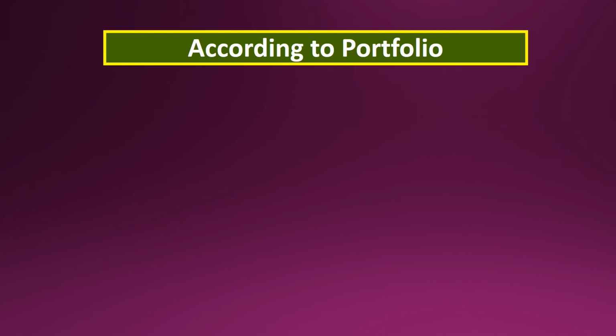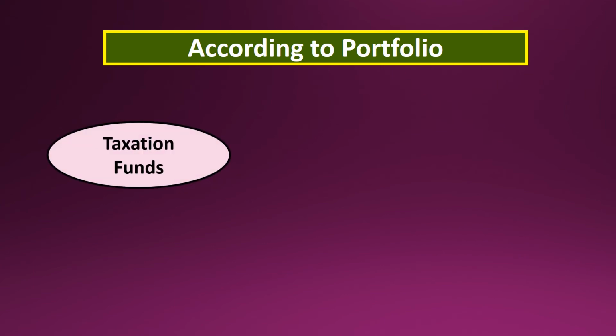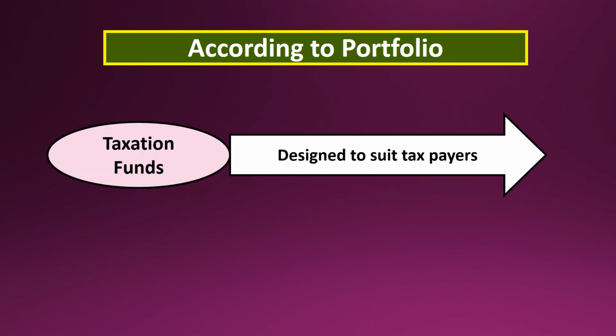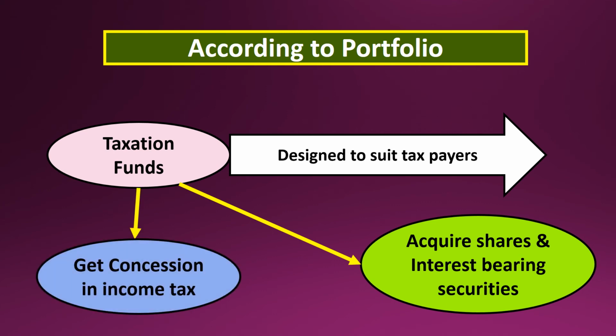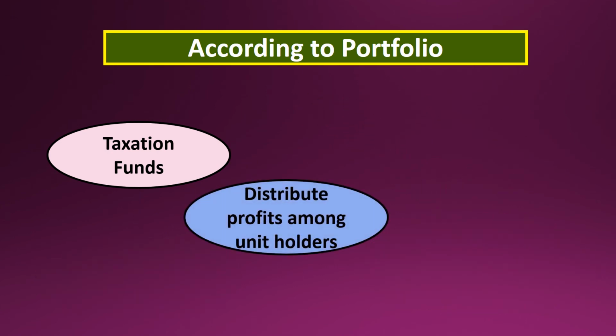The next one is a taxation fund. The mutual funds have designed a taxation fund to suit the taxpayers. The amount collected by these funds is used to acquire shares and interest bearing securities. And the contributors to such funds get some concession in income tax. And these funds distribute the profits among the unit holders.